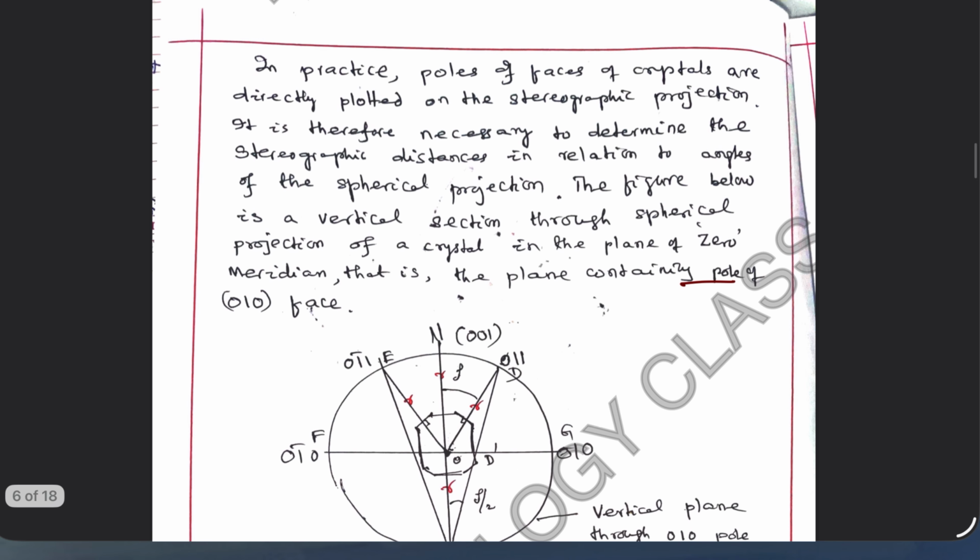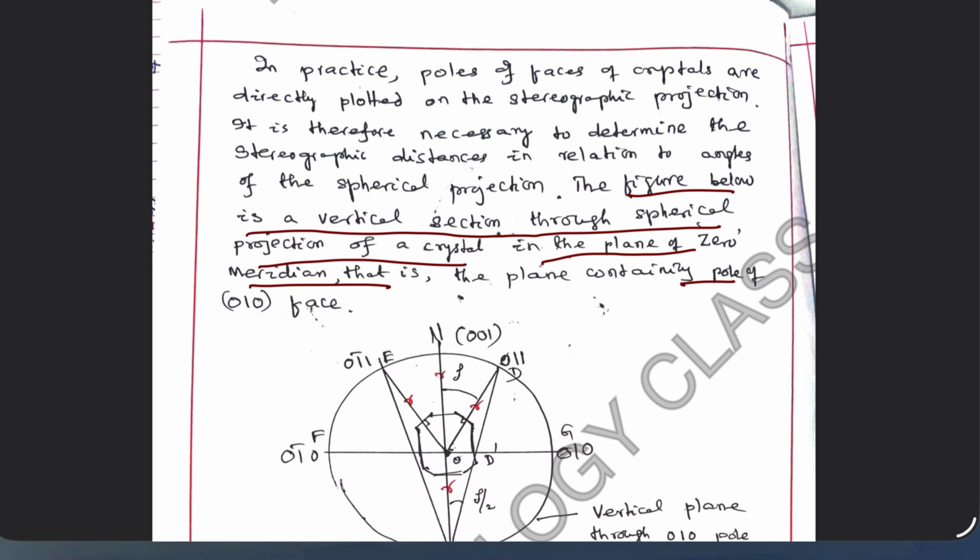In practice, the poles of the faces of the crystals are directly plotted on the stereographic projection. It is therefore necessary to determine the stereographic distances in relation to angles of the spherical projection. The figure below is a vertical section through the spherical projection of the crystal in the plane of the 0 meridian, that is, the plane containing the pole of the 0, 1, 0 face.